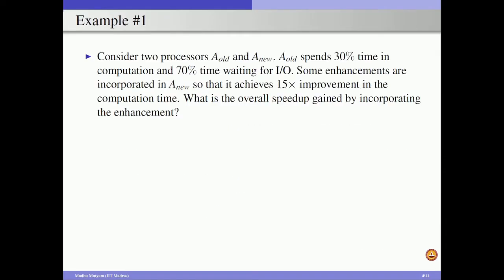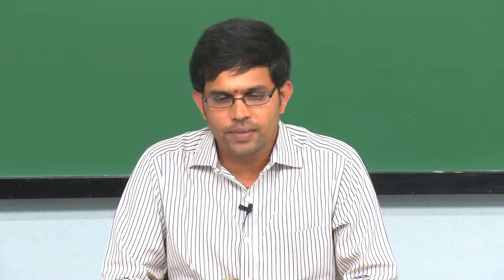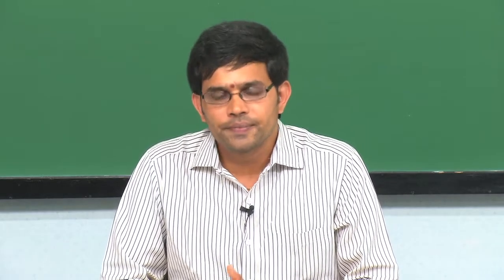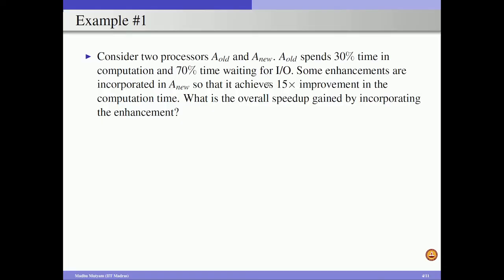So let us consider a few examples to understand this Amdahl's law and then comparing design alternatives for different processes. The first example is, consider two processes A old and A new, and A old spends 30% of the time in computation and 70% of the time waiting for I/O operations.